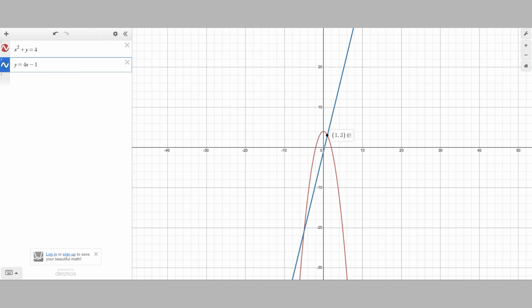The line and the curve intersect at 1 comma 3 and negative 5 comma negative 21. So these are precisely the coordinates where the line crosses the curve, because we found them by solving the equations simultaneously. So the concept is solving an equation algebraically, and intersection points are a key link between algebra and coordinate geometry. So simple, nice and easy. Let's move to the next question.